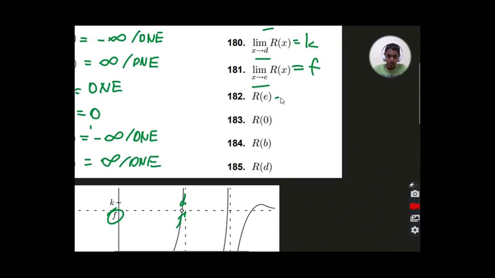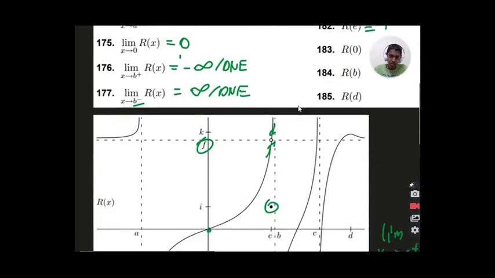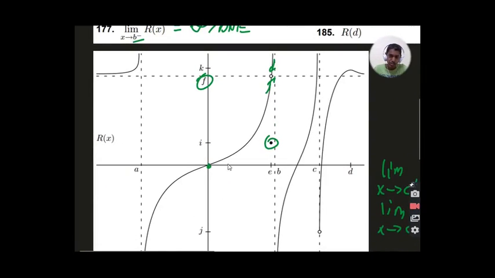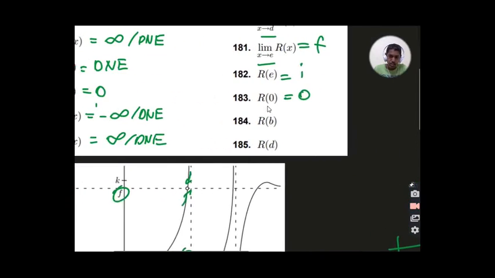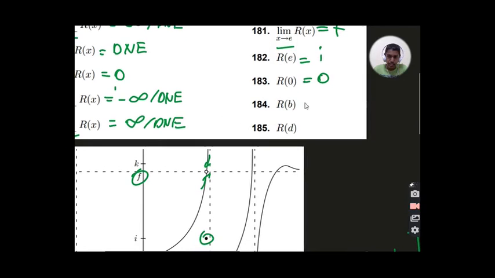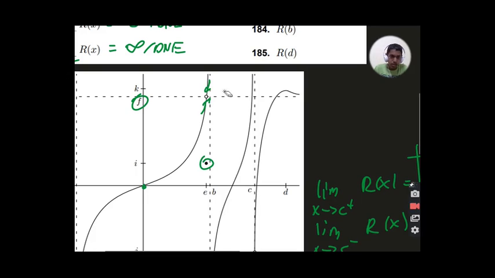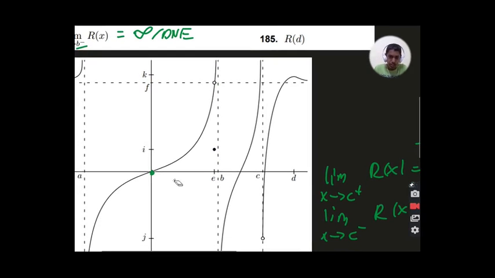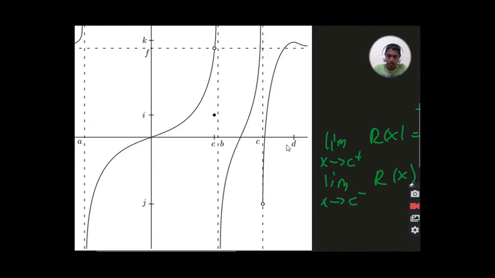But so r of e, as we covered earlier, is going to be l. R of 0, in this case, equals the limit as x approaches 0, but it is actually going to be 0. And then r of b does not look like r has a value actually at b, because there's sort of an asymptote at x equals b. So that's just not going to exist. R of d, okay, d is right here.